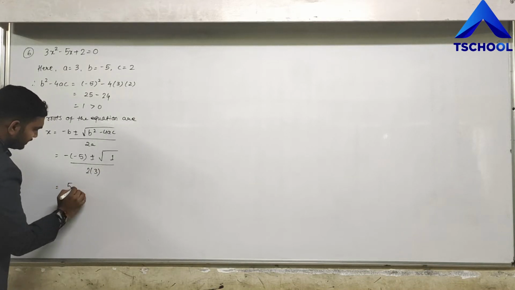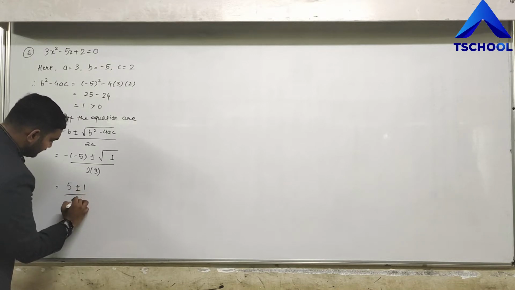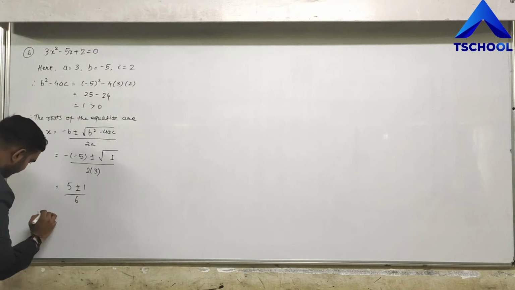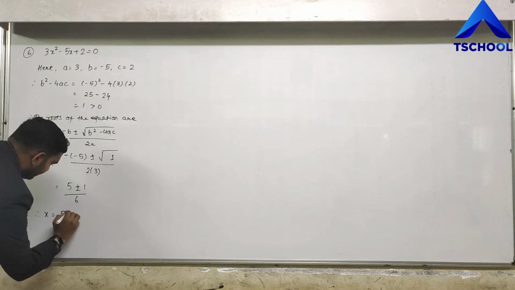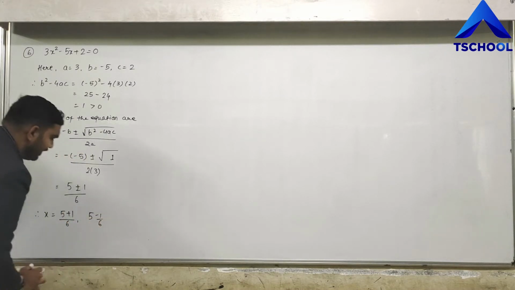Minus of minus 5 is plus 5, plus or minus 1 upon 6. Therefore x is either 5 plus 1 by 6 or 5 minus 1 by 6.